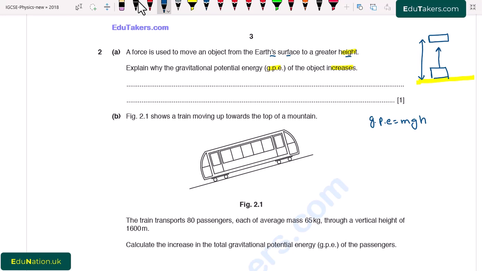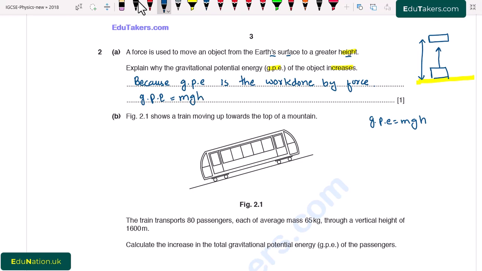So I write here, because gravitational potential energy is the work done by force, and the formula of GPE is equal to mgh.